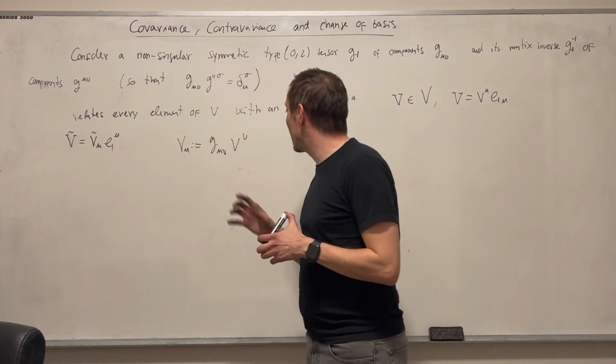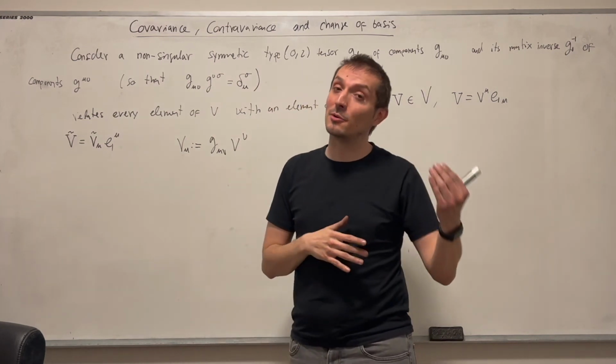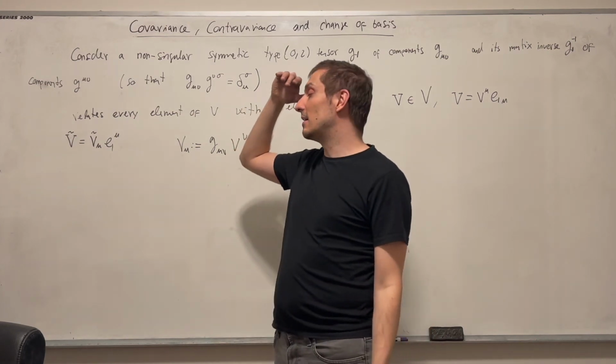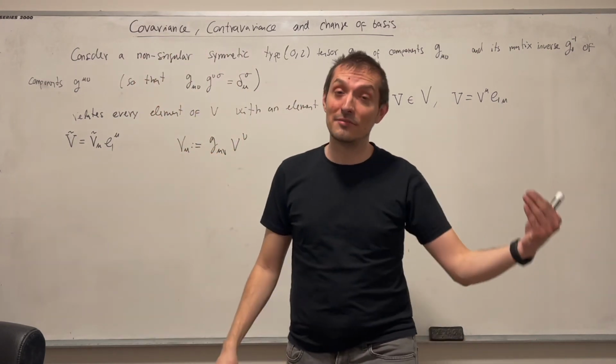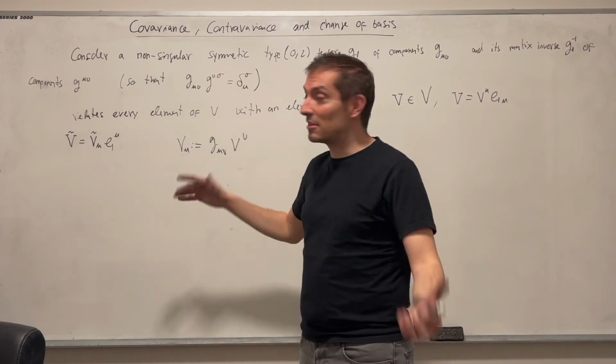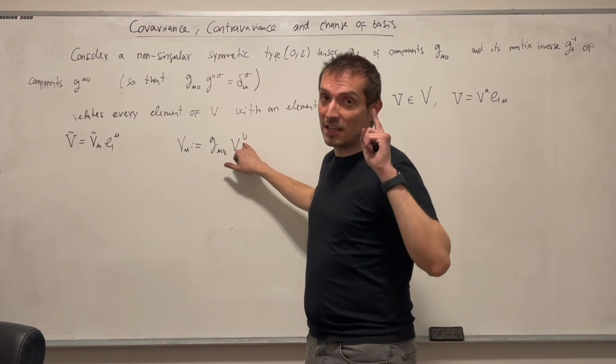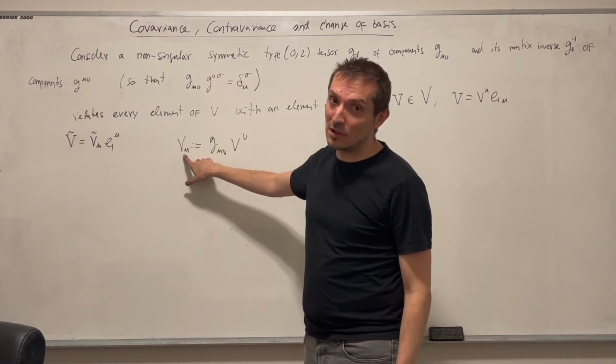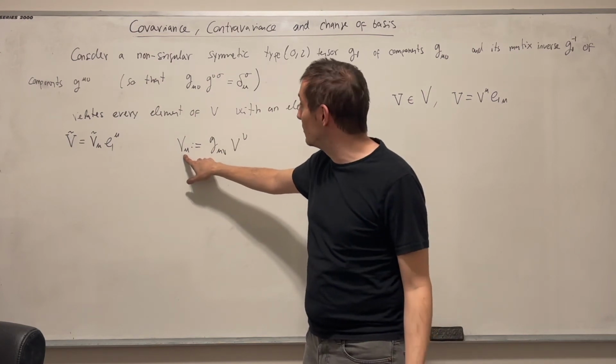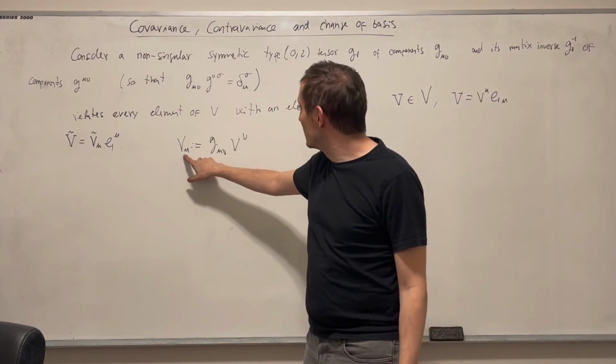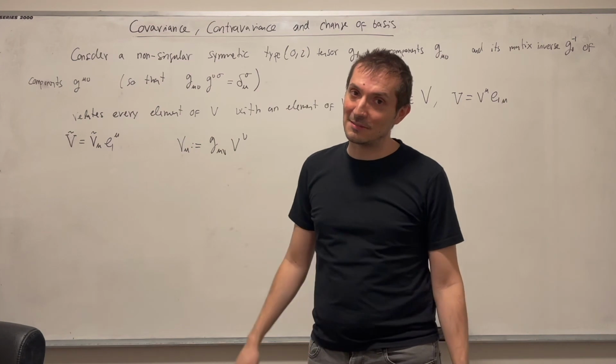So the metric establishes an isomorphism between the vector space V and its dual V star, associating to every vector one covector V_μ.